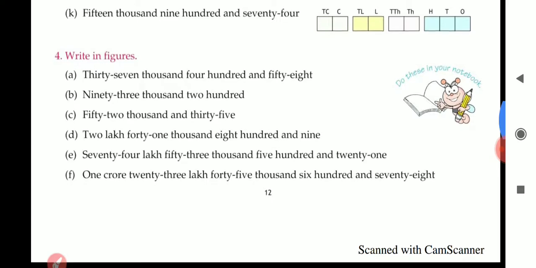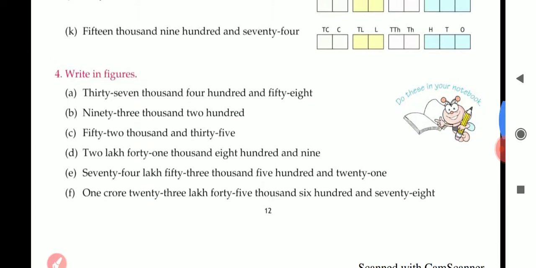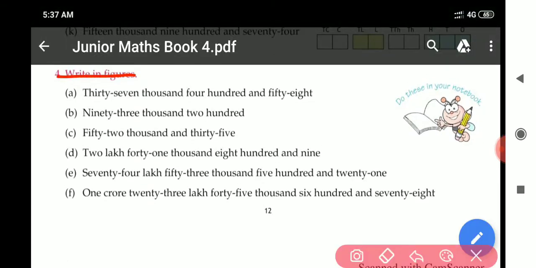Now question number 4. Write in figures 37,458. So how can we write it? 37,000 comma 458.